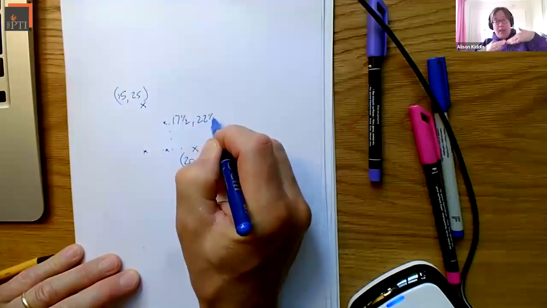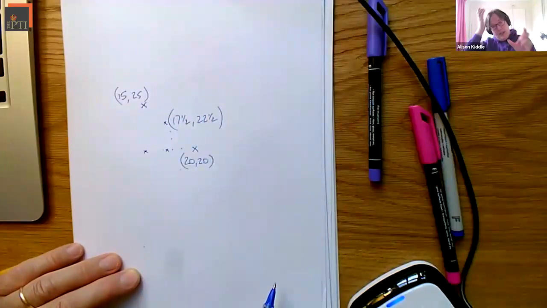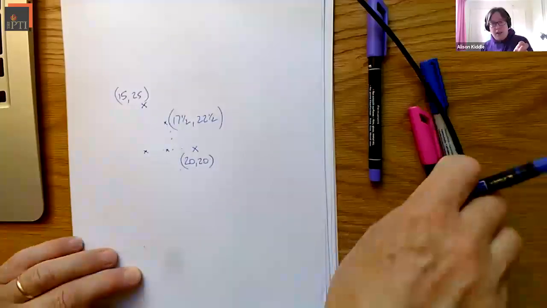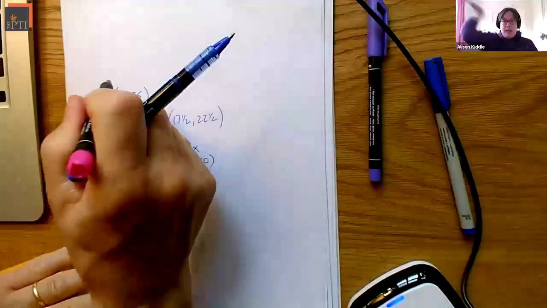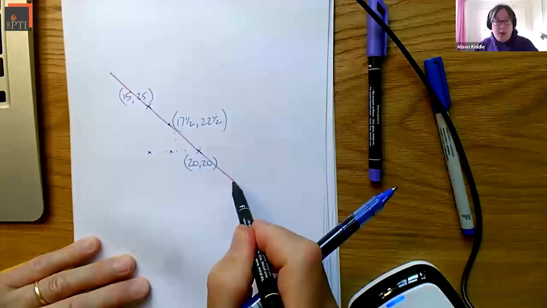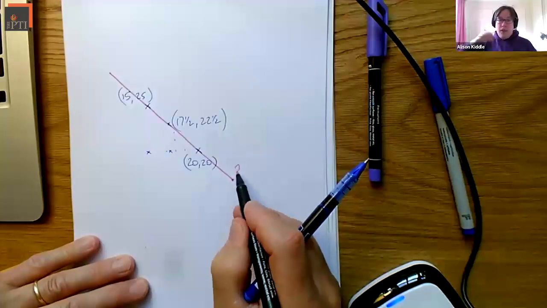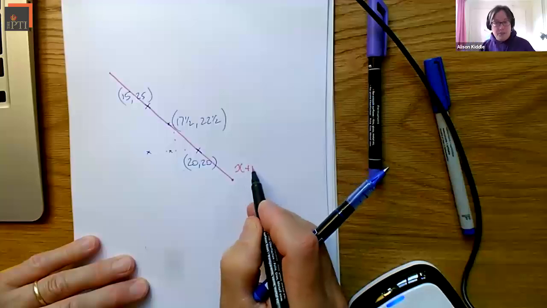I'm now imagining the line joining 20, 20 and the line joining 15, 25, and drawing the perpendicular bisector of that line, which would pass through the point 17.5, 22.5, but going in the perpendicular direction.